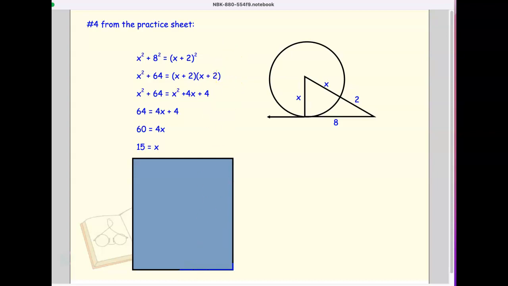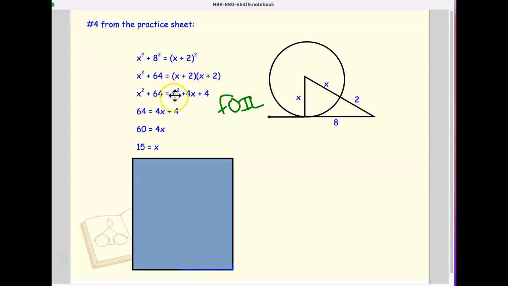Now, the nice part about this one, let me remind you here to FOIL. Yeah, that's supposed to say FOIL. Sorry. But in number 4 on the practice sheet, that's what we're doing.